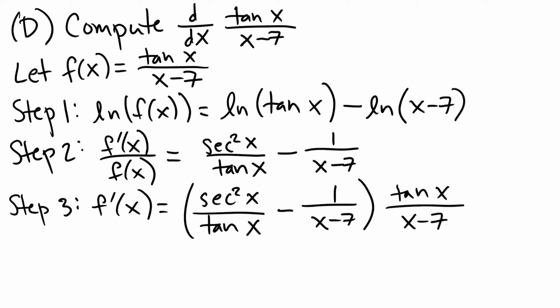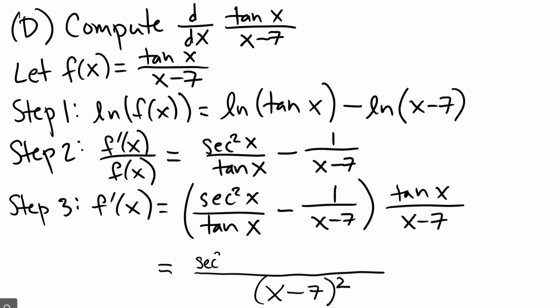So when you multiply this all out, the new denominator would be (x minus 7) squared. In the first term, we would get secant squared over x minus 7, and to make a common denominator, that's going to become secant squared x times (x minus 7), and then minus. And the second term has tan x over x minus 7. I'm going to write that as 1 times tan x over (x minus 7) squared.